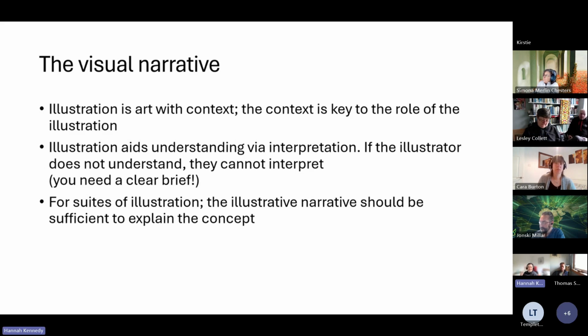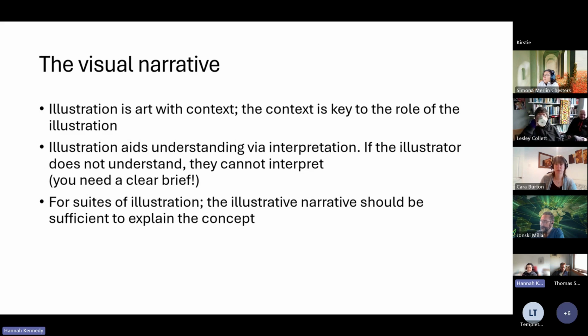So yeah, illustration is there to help understand these complex and difficult to understand ideas, which fundamentally means that we are interpreting. So we need to be confident in the information we're trying to portray to get the idea across to whichever audience it is that we are explaining this archaeological narrative to.